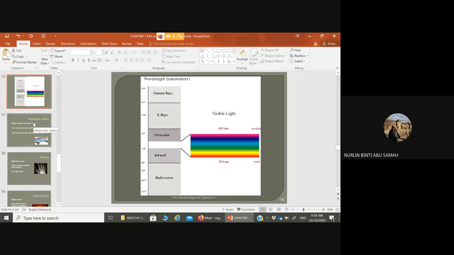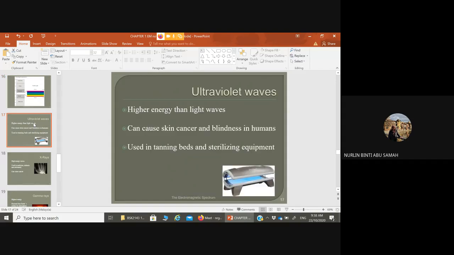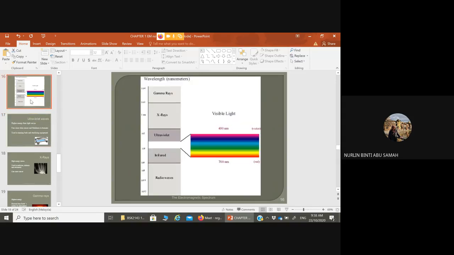If you have any question, you can just interrupt. Don't wait until the end of the class. Now let's look at the ultraviolet waves. But before we continue, I just want to mention about visible light. When you use a spectrophotometer, you will see that your solution is colorful, for example blue, sometimes red.